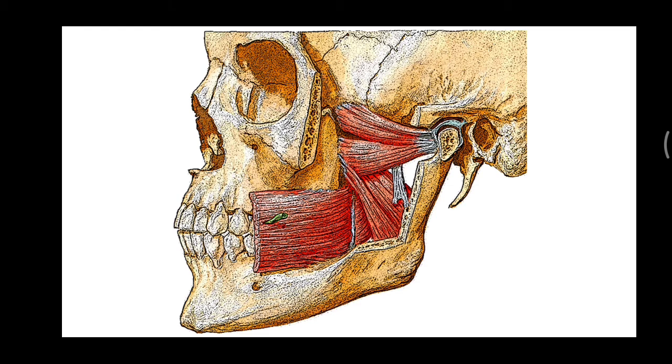The lateral pterygoid arises by two heads, upper and lower. The upper head arises from the infratemporal surface and infratemporal crest of the greater wing of the sphenoid. The lower head arises from the lateral surface of the lateral pterygoid plate that we have seen in the beginning of this video.